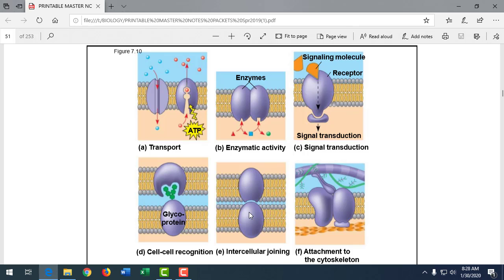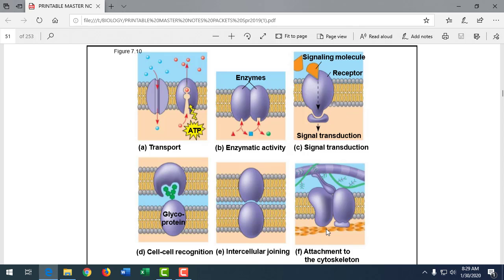Have you heard of leaky gut syndrome that people have? That's when those cells are not tight together. There's some damage and these intestinal cells separate a little bit, and it causes inflammation and problems with gut health. And then they can just attach to the cytoskeleton and hold cells together. So if we're talking about cells in a tissue, like muscle tissue, the different cells are tethered together to their cytoskeleton, just holding those organelles in place and giving that cell integrity.